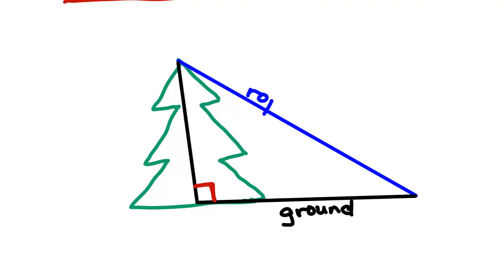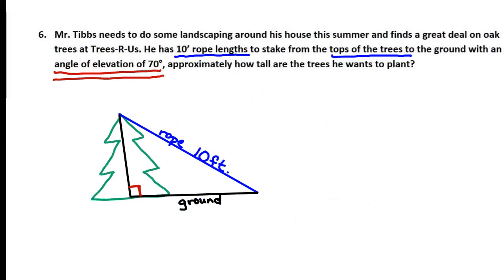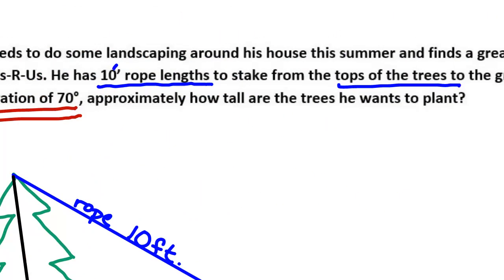How big is the rope? Not 10 degrees. It's 10 feet. That little mark means feet. Have you guys seen that little thing before? Yes, on your physical. That is what means feet.